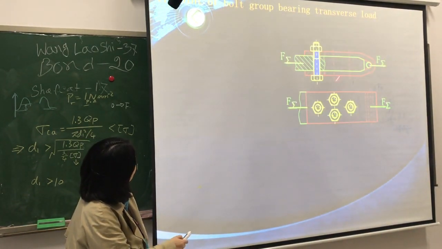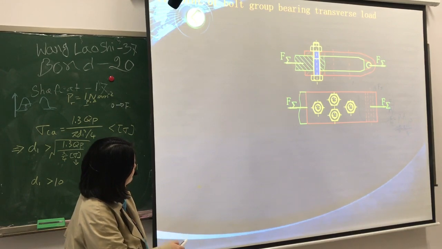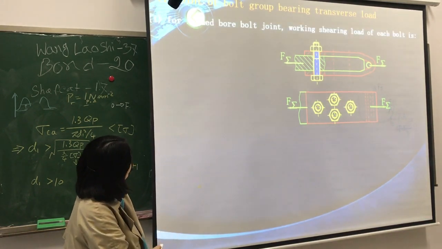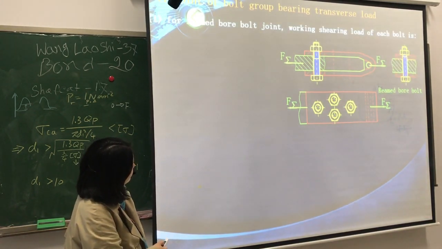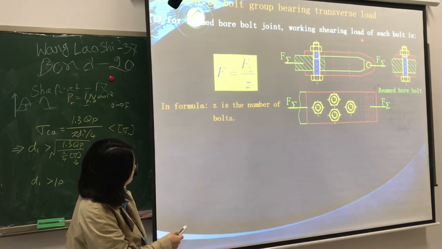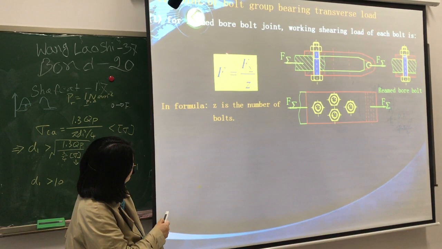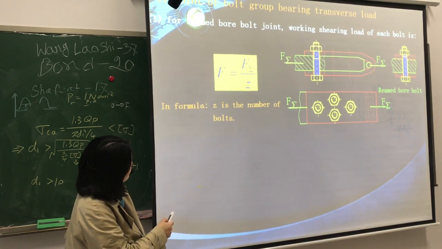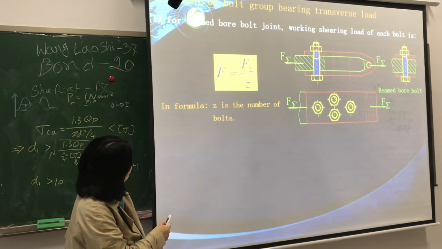For example, this is the joint of a bolt group bearing transverse load. This is the transverse load, and there are 1, 2, 3, 4 bolts. And for the reamed bolt, the working load of each bolt is F over Z. Z is the number of bolts.